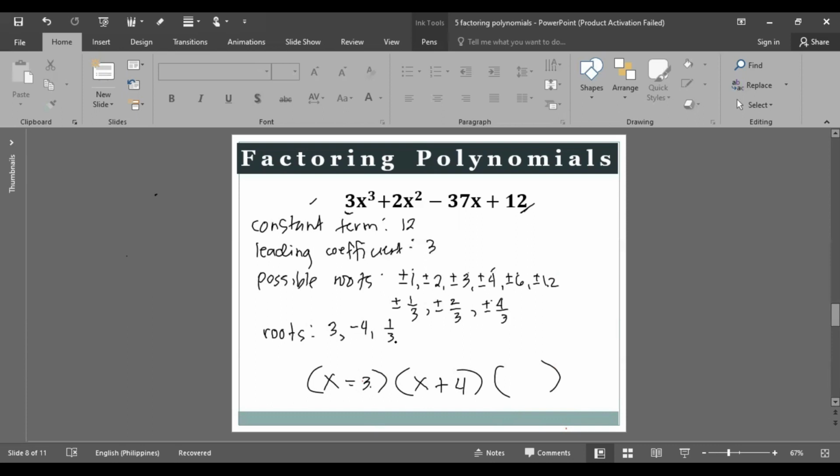The denominator, class, will be placed in the first term of this expression. So, mapupunta siya sa first term. Instead of writing x, we write 3x. Then, we use negative kasi nga opposite sign yung kukunin natin. Then, yung numerator mapupunta dito sa second term. Okay?